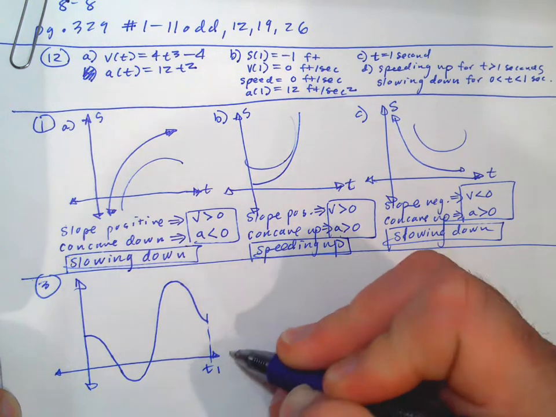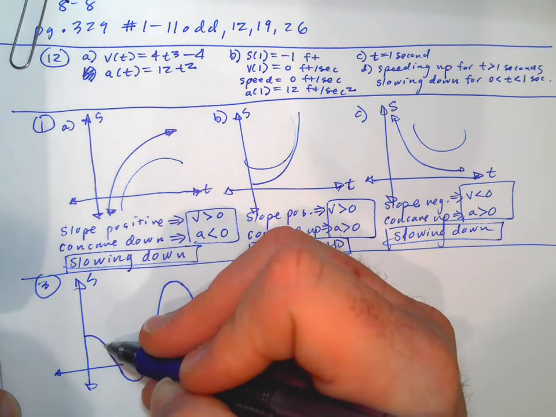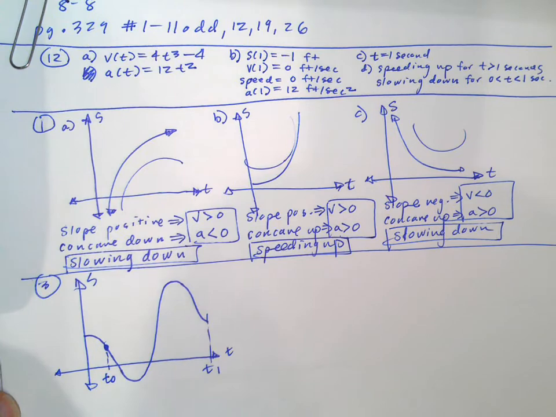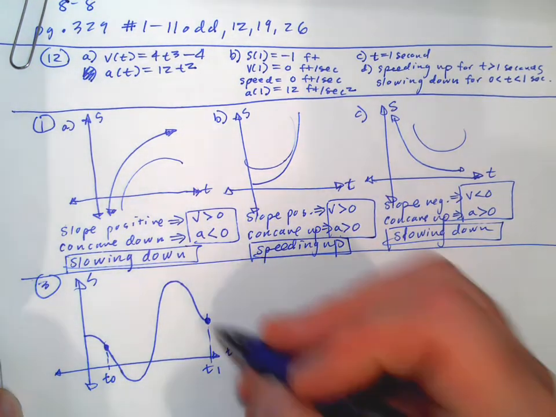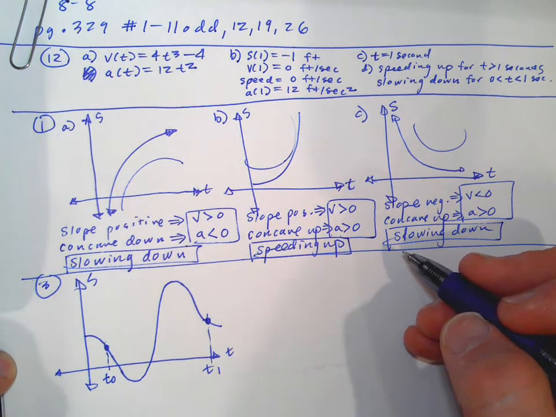There's a time 1, and then there's a time 0. The graph keeps going.